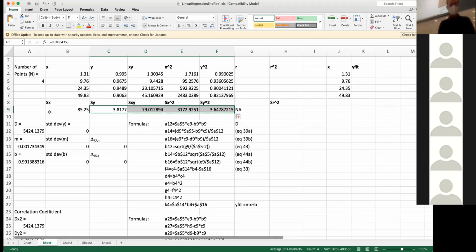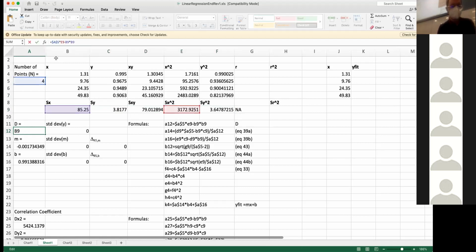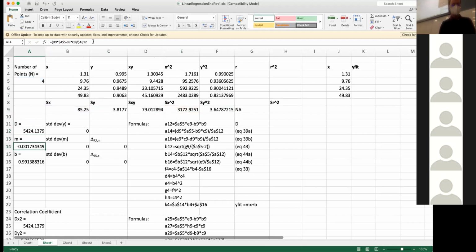Okay, so for the denominator, I already went ahead and put in the formula here for this d factor that we saw in the presentation. That is just the number of points, which is 4, times this Sx squared parameter minus the square of Sx. And then I also plugged in the appropriate formulas for m and b, which are calculated based on these parameters.